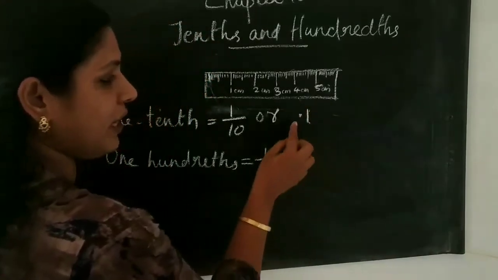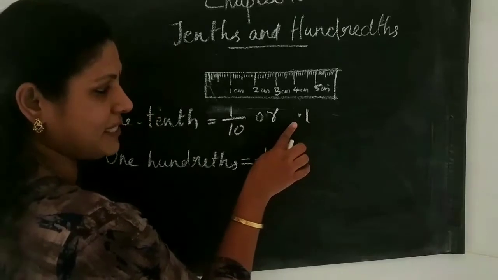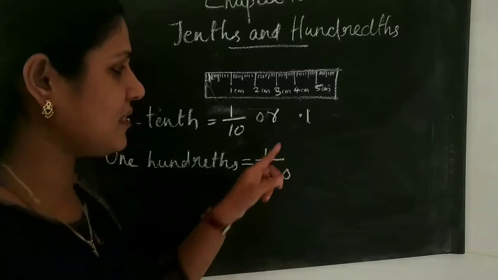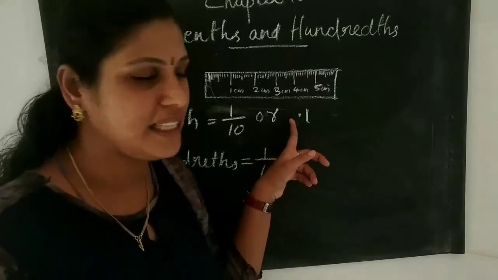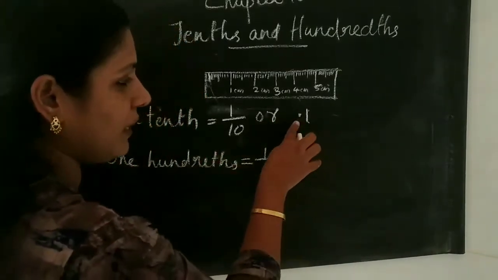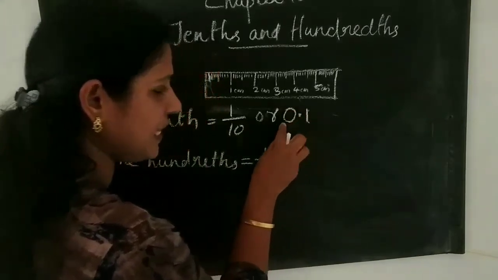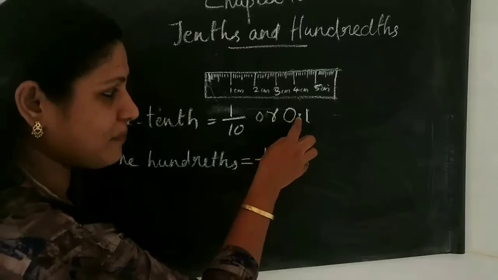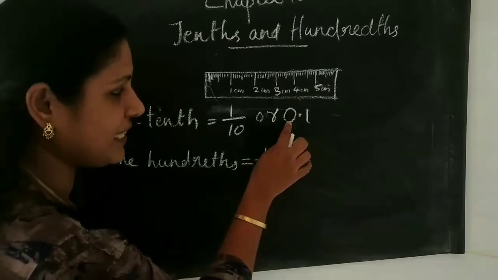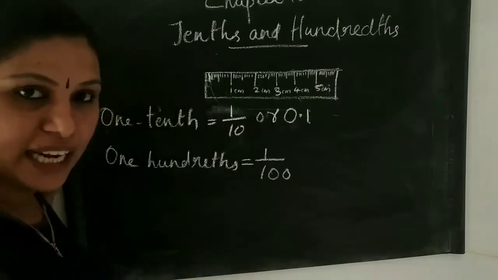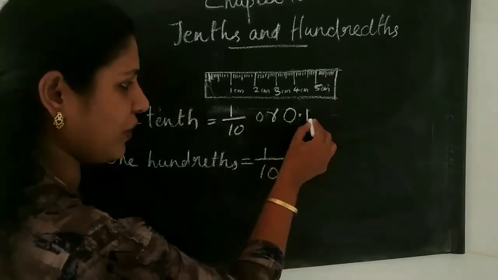Sometimes we can't see this point, so for this point we put a 0. This 0 indicates that there must be a point. So we read this as 0.1.